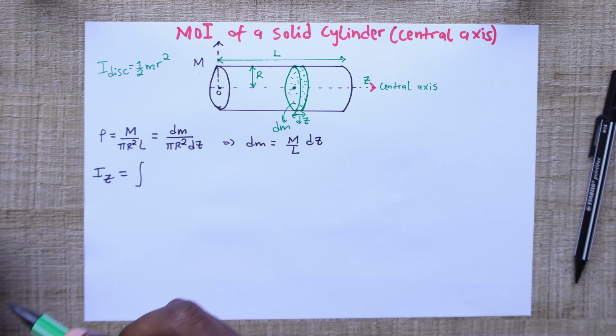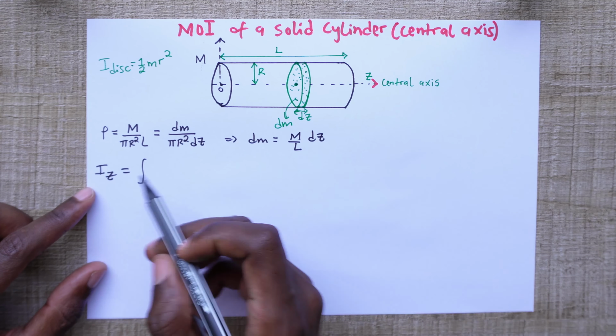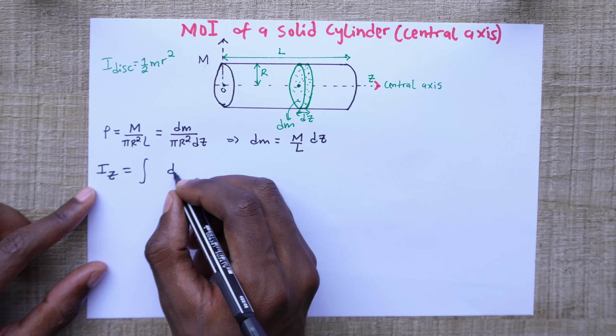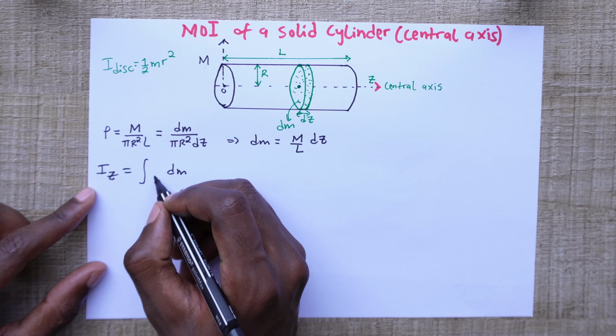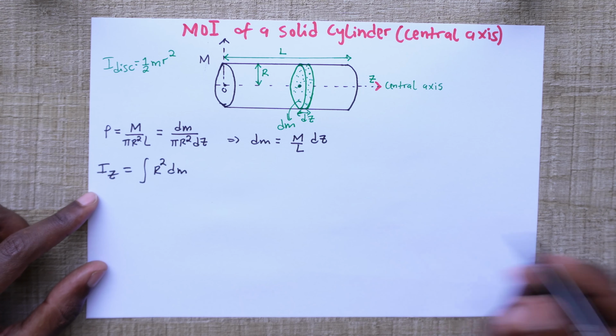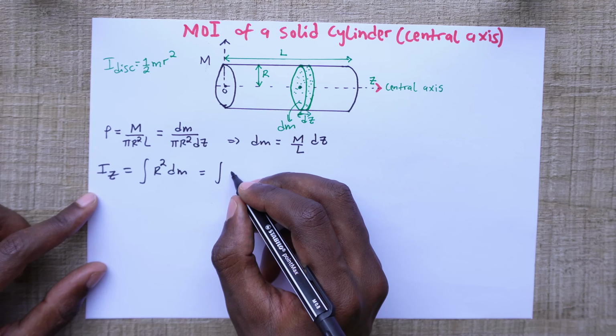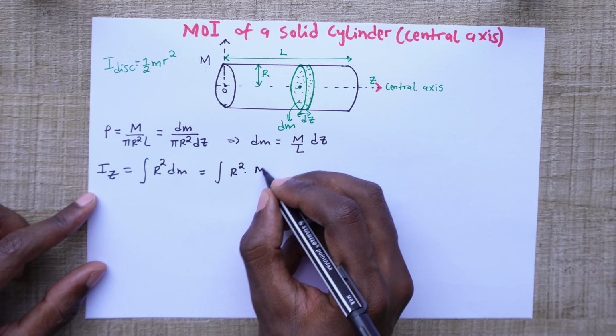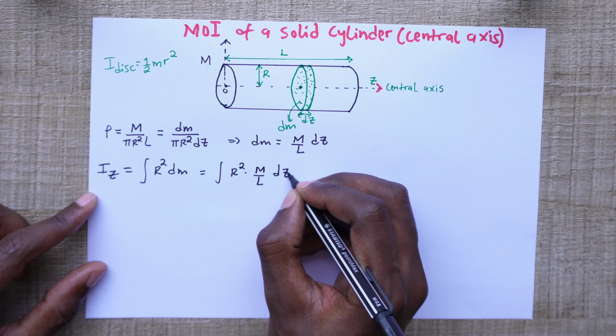It's exactly what we have here, half MR squared. So we have to integrate that moment of inertia, so dm times r squared, so this is just the integral of r squared times M over L times dz.